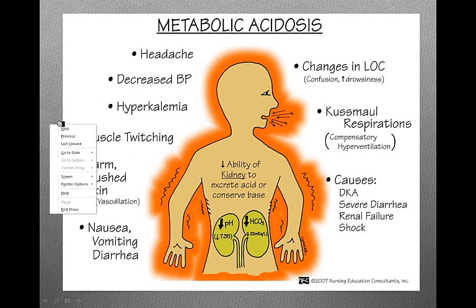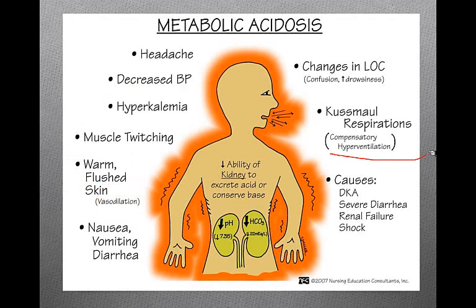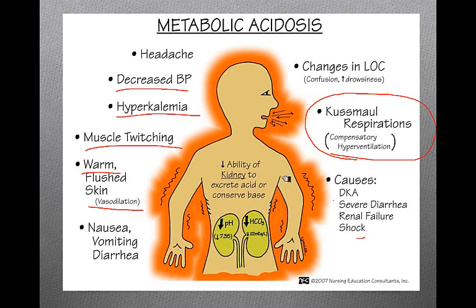So you have compensatory hyperventilation, frequent ventilation, and these are the causes. You have the warm flushed skin from vasodilation, muscle twitching, hyperkalemia, decreased blood pressure.